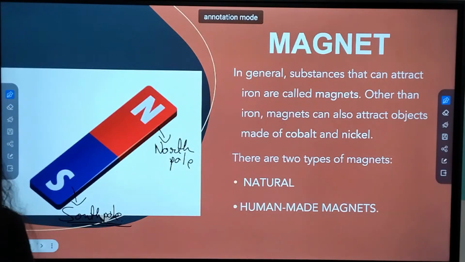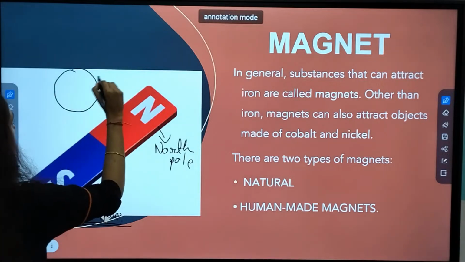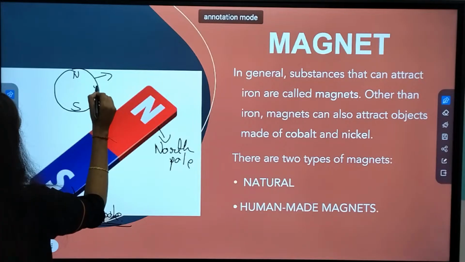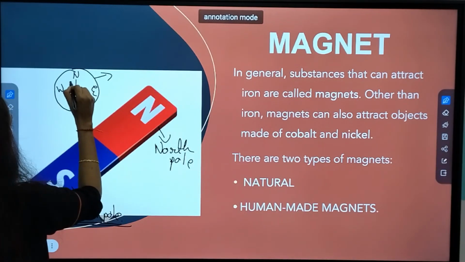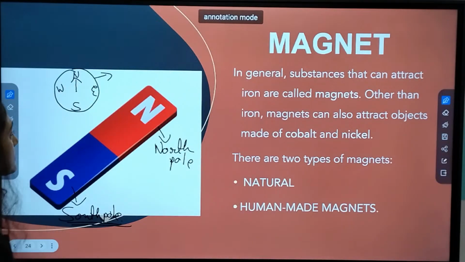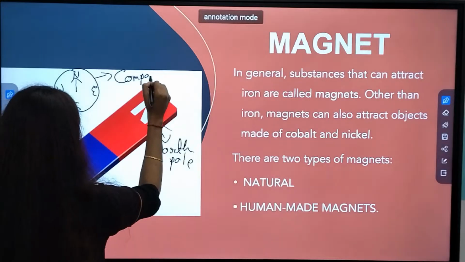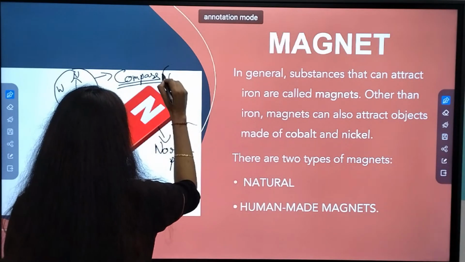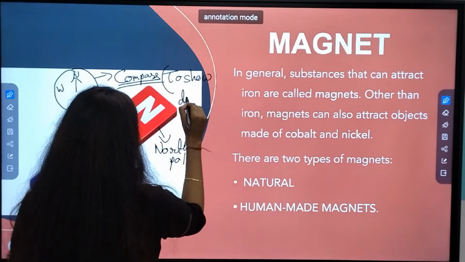Okay, you have seen a compass. What is a compass? It has north, south, east, west and a small needle pointing towards north always. Okay, it is known as a compass. Okay, it is used to show direction.